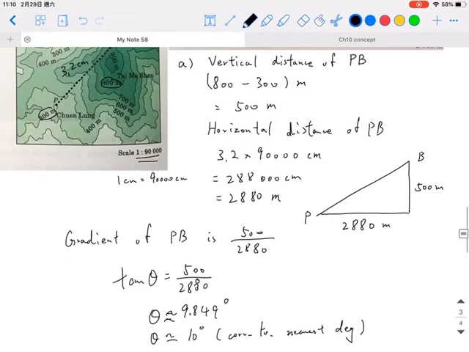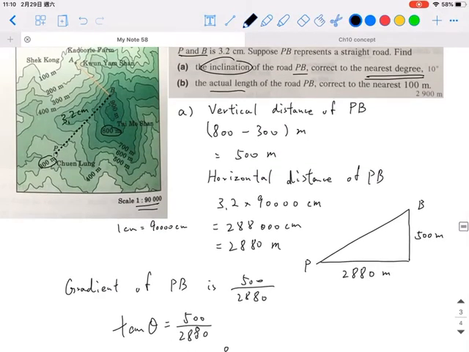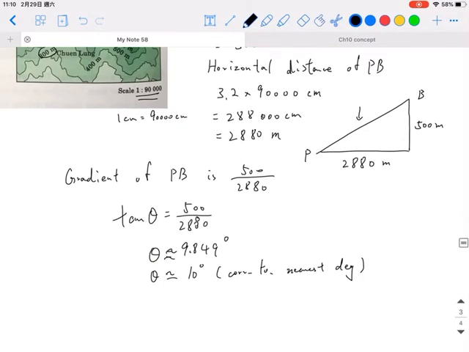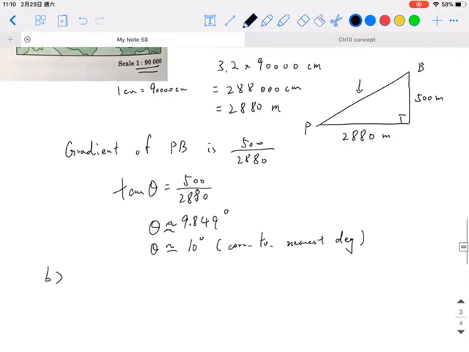And for part B, the actual length of the road, that means the hypotenuse of PB, and the answer needs to be correct to the nearest 100 meters. It's easy because it is a right angle triangle, so we can use Pythagoras theorem.